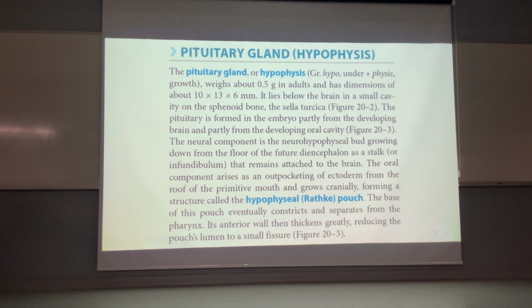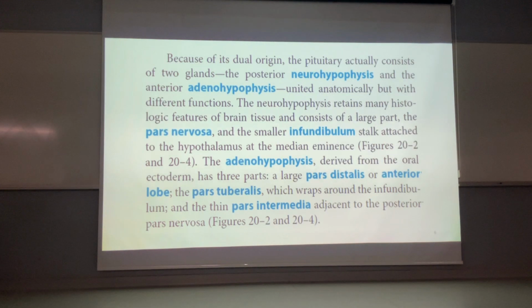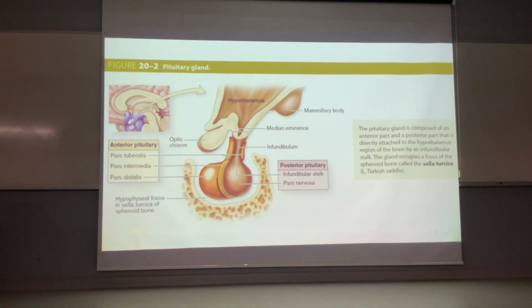Firstly, I'm going to teach you the pituitary gland or hypophysis. The hypophysis, as you can see here, is composed of two distinct parts: the neuronal part, also known as the posterior pituitary or neurohypophysis, and the anterior part or adenohypophysis.